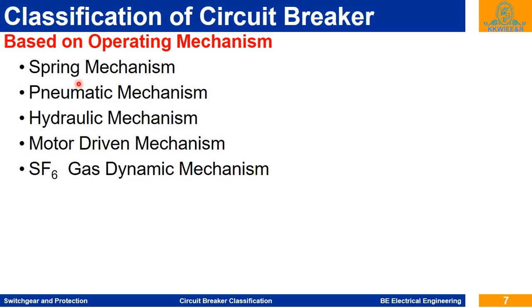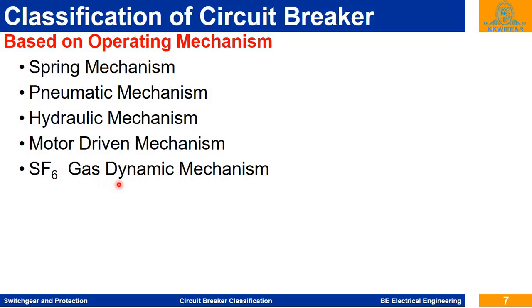Based on this movement, what type of mechanism we use to open or close the circuit breaker, they are classified as spring mechanism, pneumatic mechanism, air pressure, it is used to close and open the circuit breaker. Hydraulic fluid is used. Then motor driven, say stepper motor, it is used.